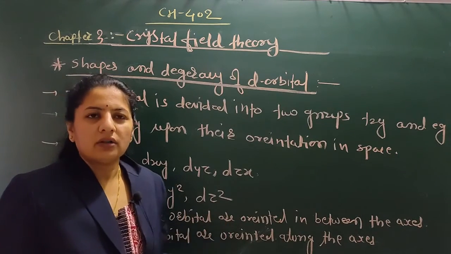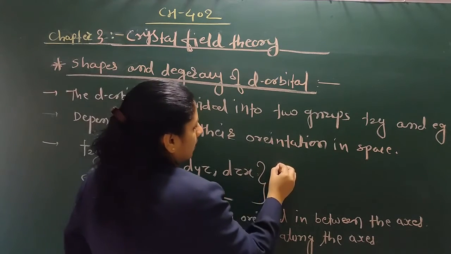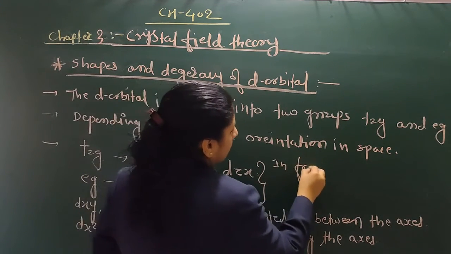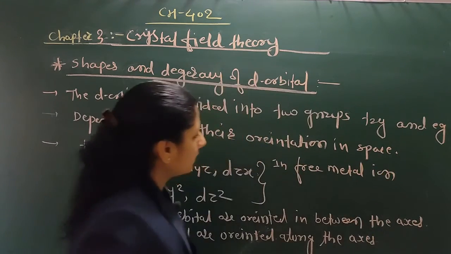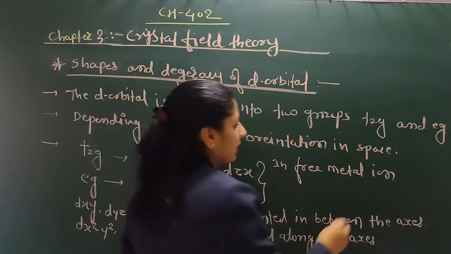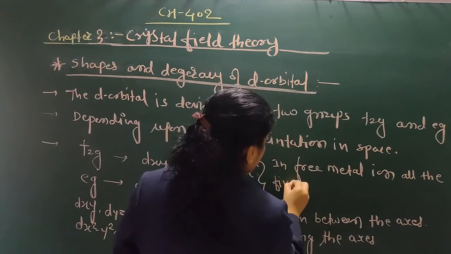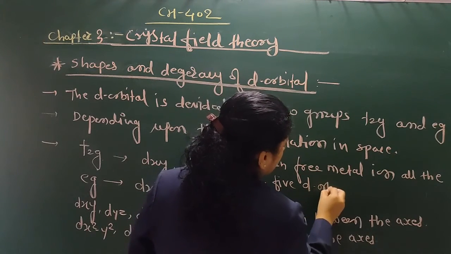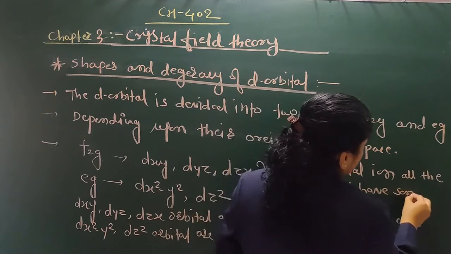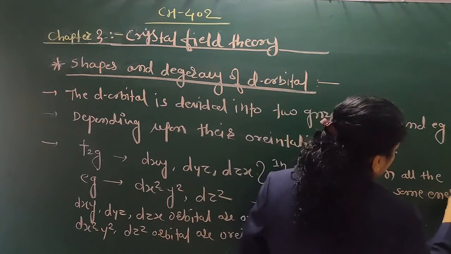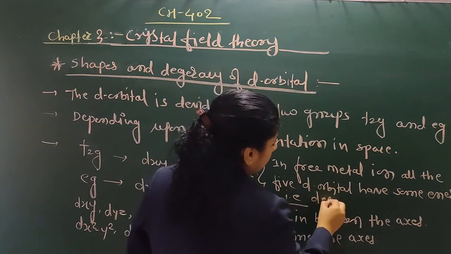In a free metal ion, all the five d orbitals have the same energy, which means they are degenerate.